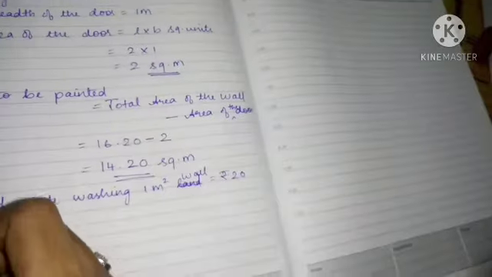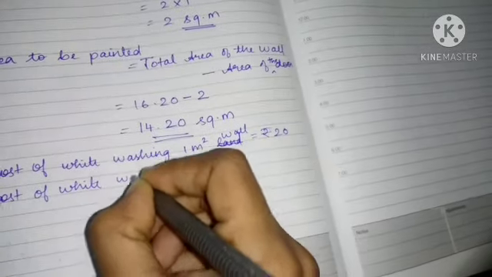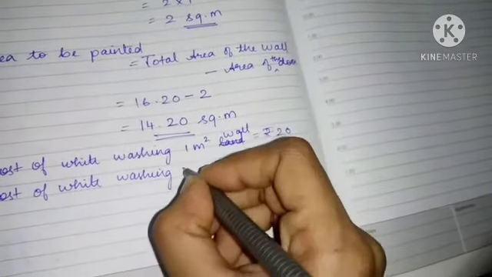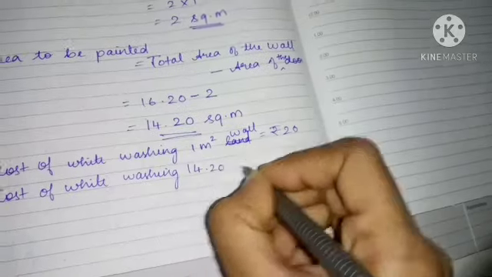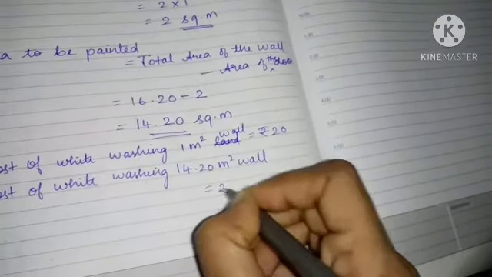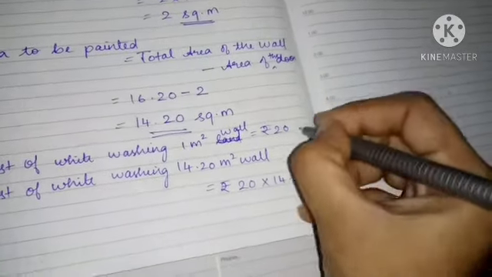So now cost of whitewashing 14.20 square meter wall is how much? Rupees 20 into 14.20.